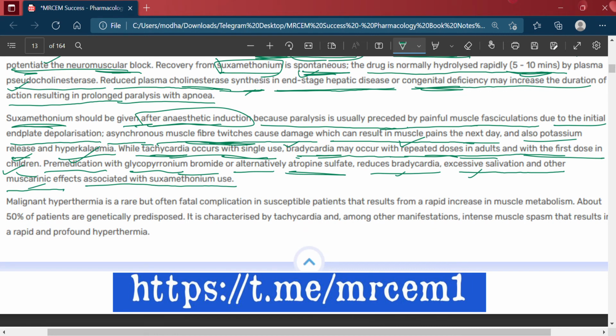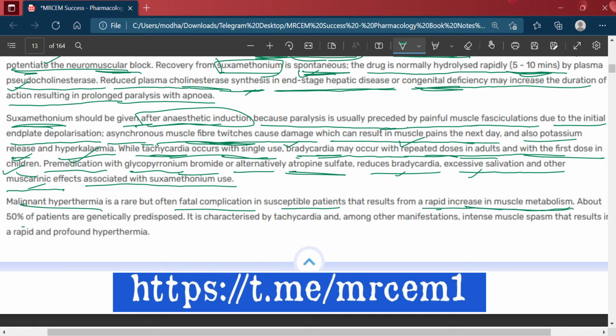Now, malignant hyperthermia. Malignant hyperthermia is a rare but often fatal complication in susceptible patients that results from the rapid increase in muscle metabolism.